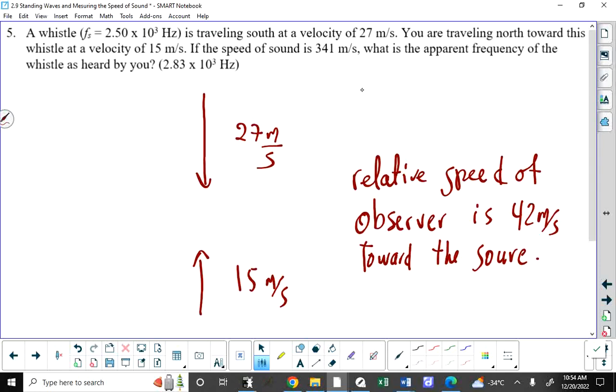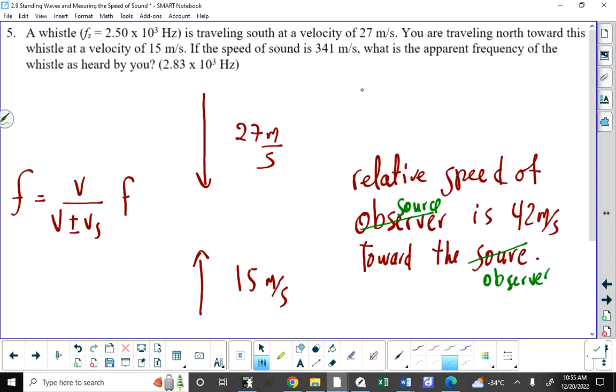And I realize right now that when I wrote this formula, I wrote it to talk about V of the observer, but I could say it this way. Okay, so Vs is 42.